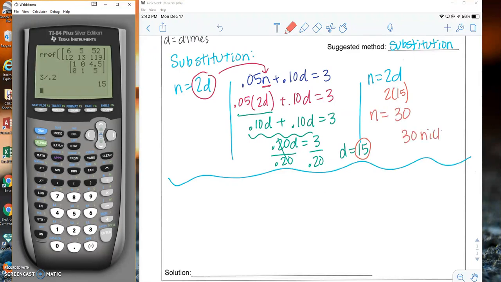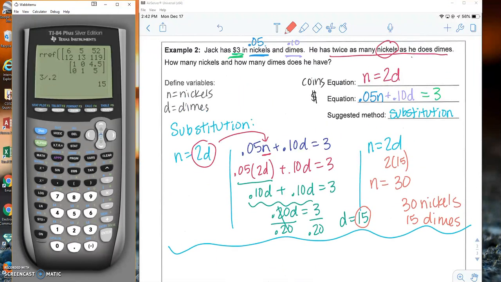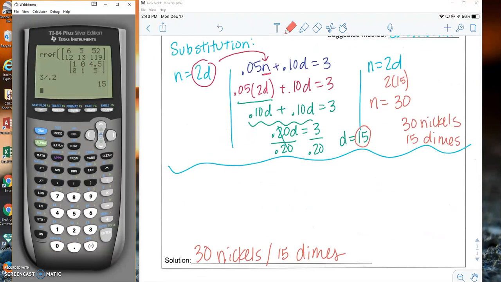So 30 nickels and 15 dimes. And note the question said how many nickels and how many dimes. So they did want nickels and dimes, so I did have to find them both.